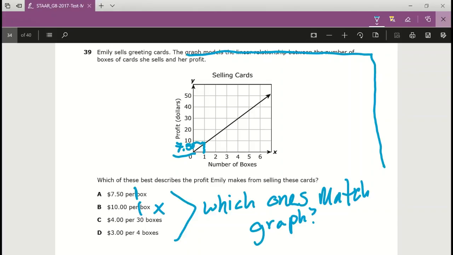This is probably maybe $100, much more than $4. So it's not choice C. And here, $3 per 4 boxes. So we go up from 4 boxes, we go over, and we want to see if that's 3. Is this 3? No, that's 30. So the only one that works is choice A.